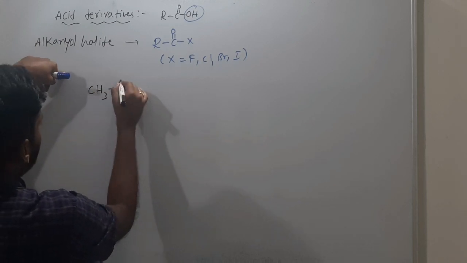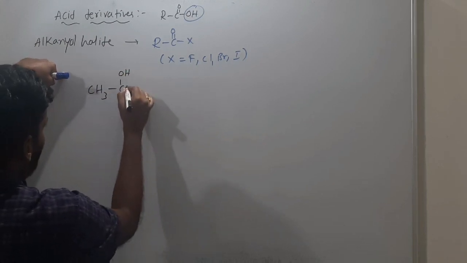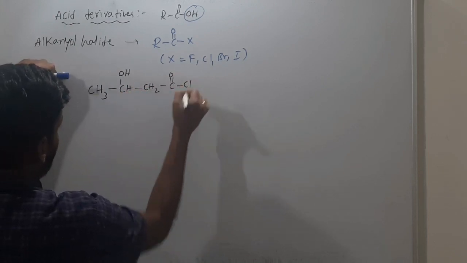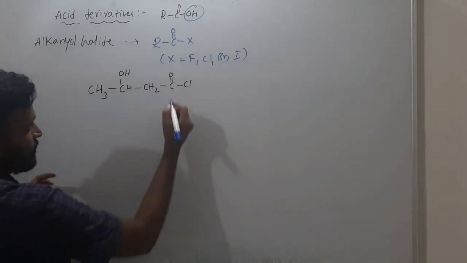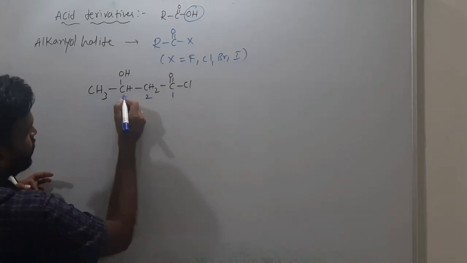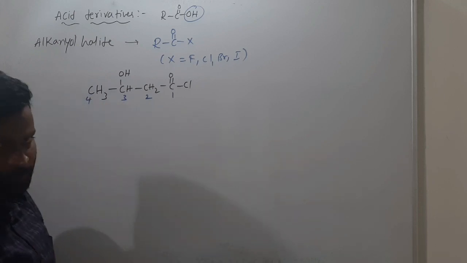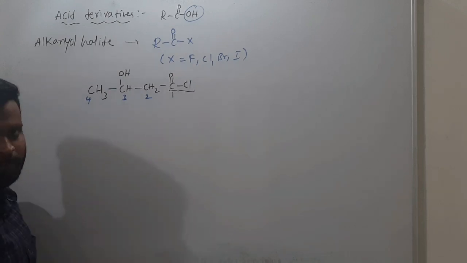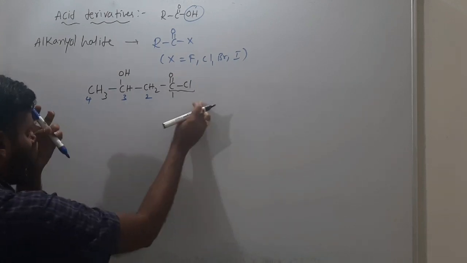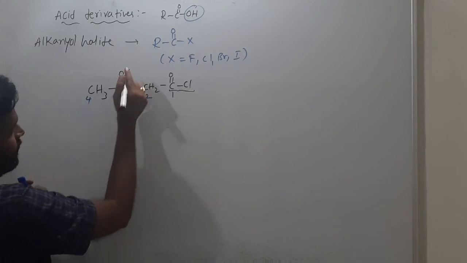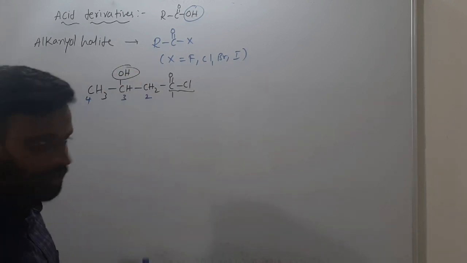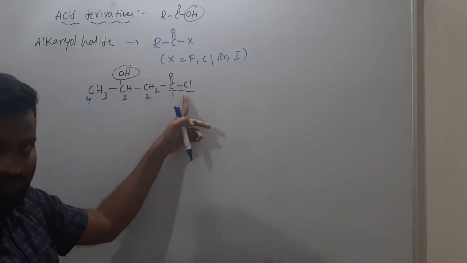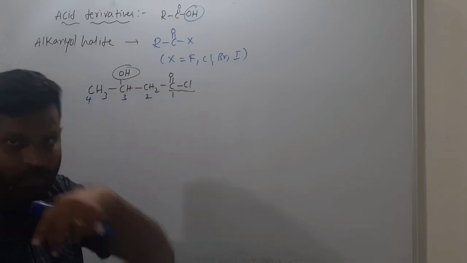Suppose CH3, and here you have OH, and here you have CH and CH2 and C double bond O Cl you have. So what is the name of this? So you have to give numbering 1, 2, 3 and 4. Blue color numbering, sir. So here you have this C double bond O Cl, here is called functional group. So oyl chloride. So at third carbon OH you have, this is also actually a functional group, but among these two this has highest priority. So COCl is the functional group and OH will be substituent.